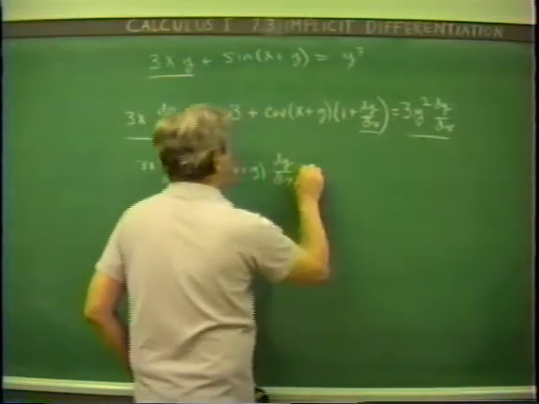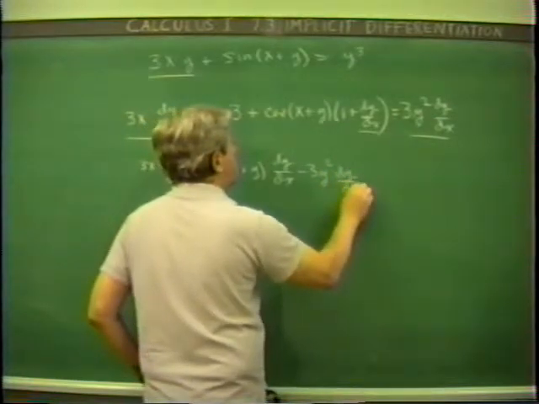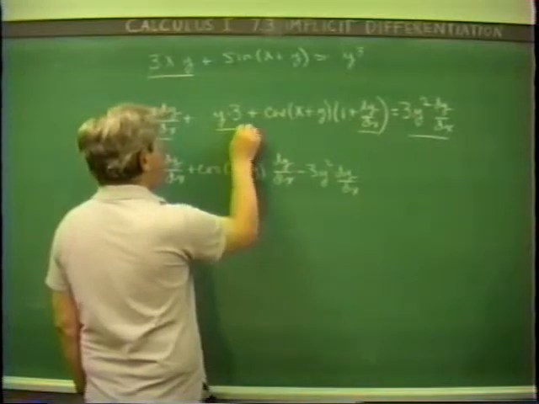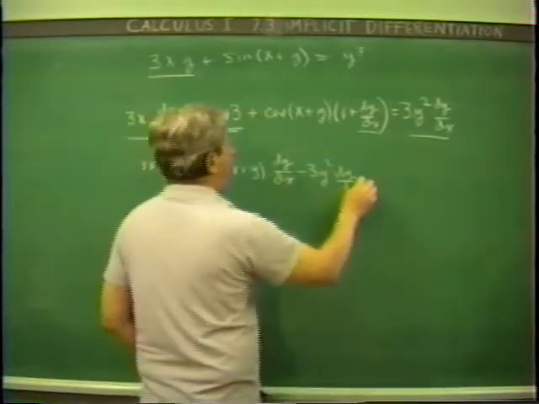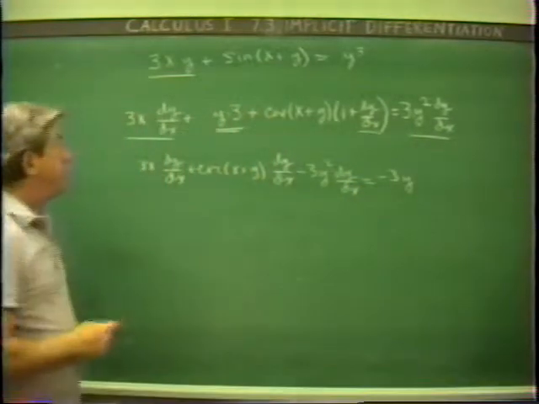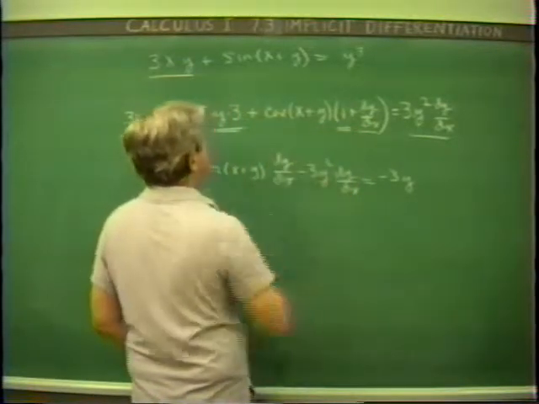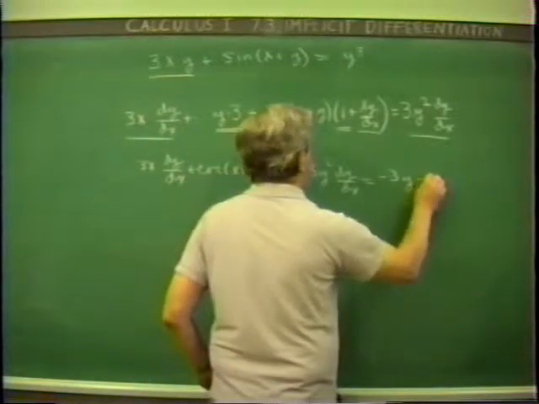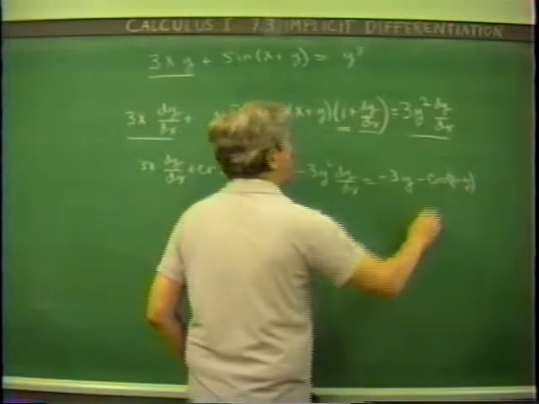And then we've got this, so this is going to be minus 3y squared dy dx. And bringing everything else to the right here, subtracting 3y from both sides, we get minus 3y. And we've got this term right here, the 1 times cosine of x plus y, so we're going to have minus cosine of x plus y.